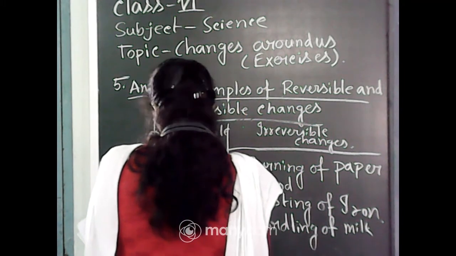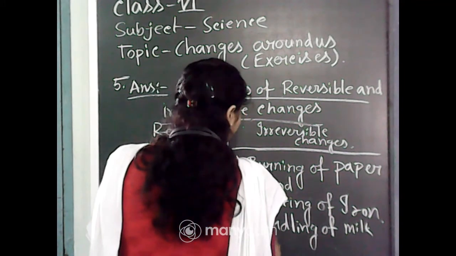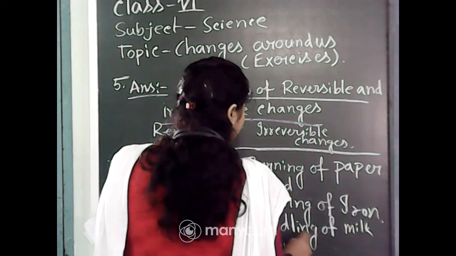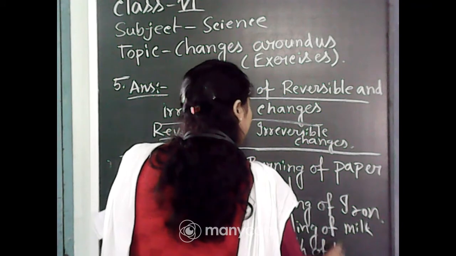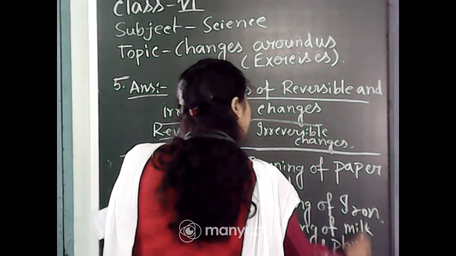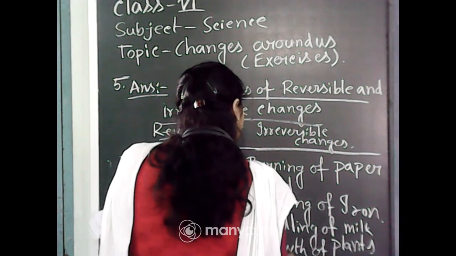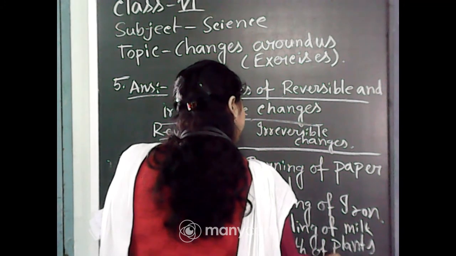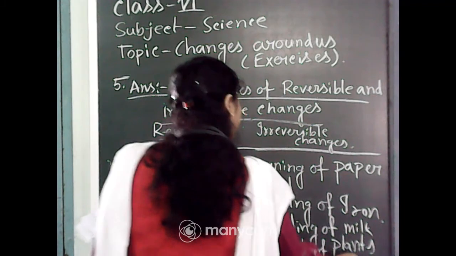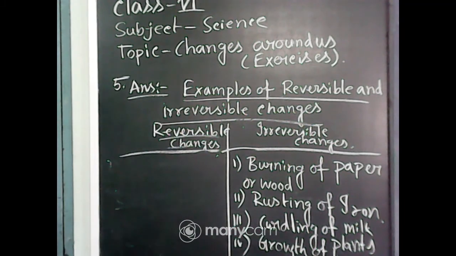Fourth example, you can write growth of plants and animals, which cannot be reversed back. So these are the basic reversible and irreversible changes that I have described with different examples. Okay, I hope you understood.